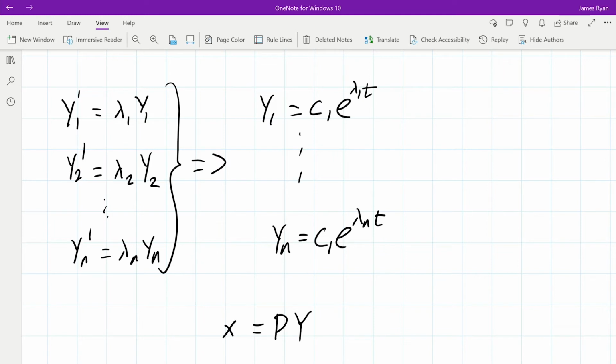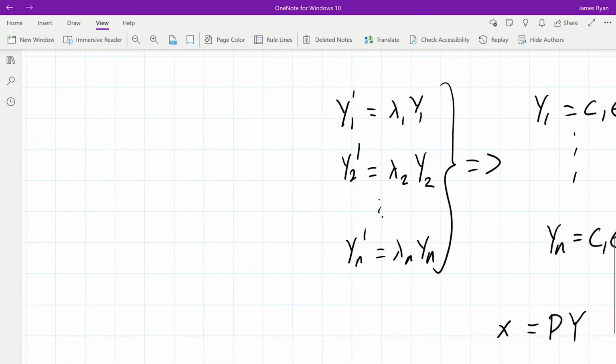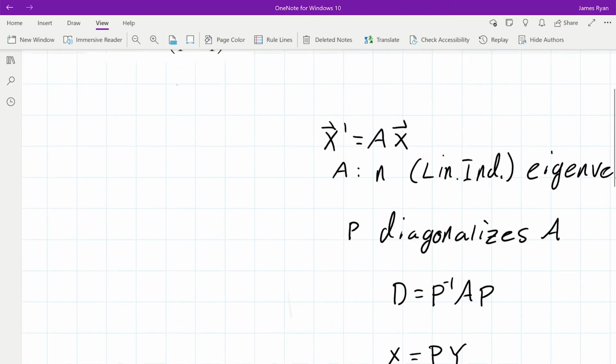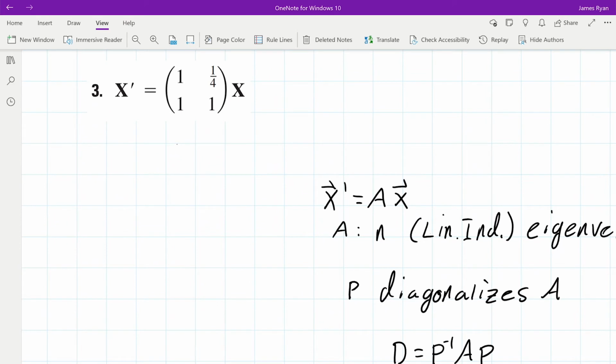Okay, so let's go ahead and find D, P, y, and x. Because we already know how to find eigenvalues and eigenvectors, I'm only going to show the process of finding the first eigenvector, and I'll just tell you what the other one is, and you can verify that for yourself. To find the eigenvalues, we need to solve the characteristic equation of A. The characteristic equation will be (1 minus lambda) times (1 minus lambda) minus 1 over 4 equals 0.